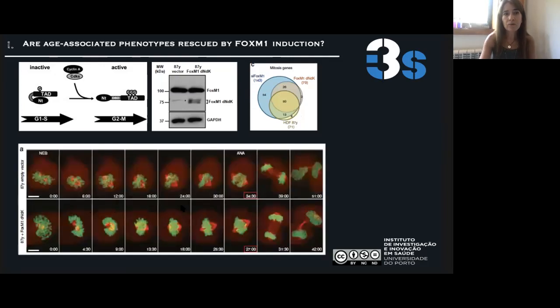We also found that the mitotic delay and the mitotic defects that we were seeing before in the octogenarian cells were also rescued. So now cells are doing mitosis much faster and with fidelity.